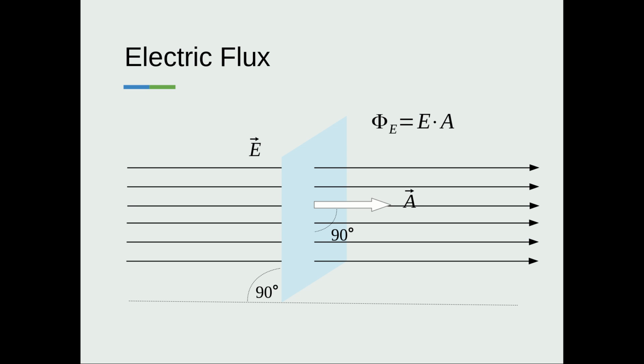If I have a surface, how much flow is walking through my boundary? The boundary in this picture is the blue sheet here, and I would like to calculate how much flow is passing through my boundary. So this is the electric field multiplied by the area of my boundary.